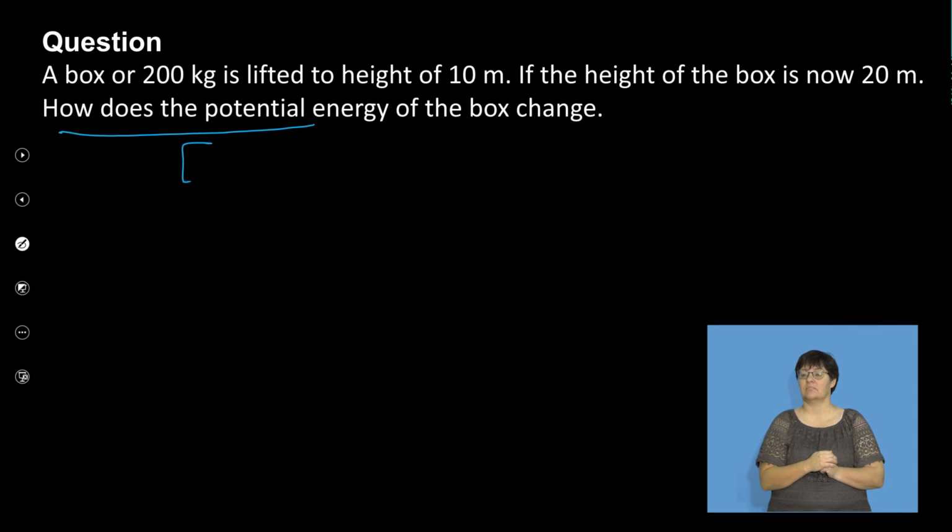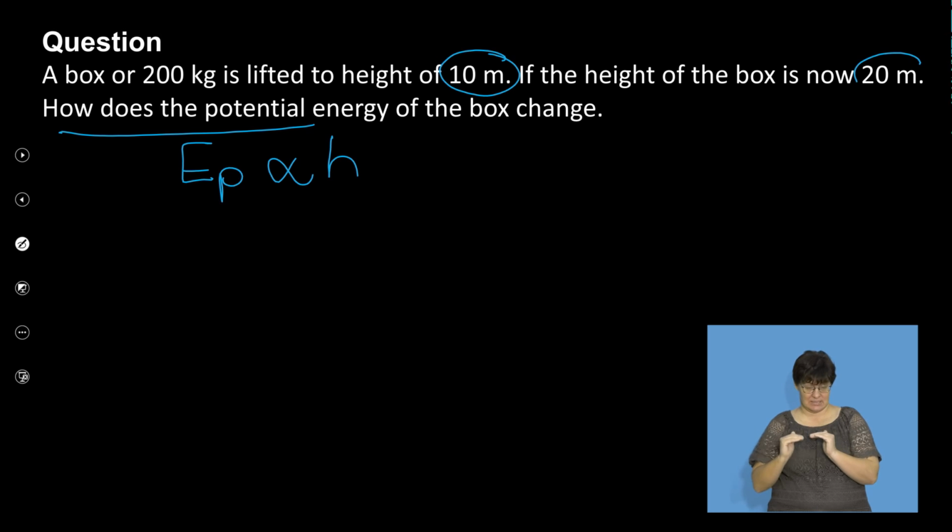What are they asking you to take into consideration? The fact that potential energy is directly proportional to height. It went from 10 meters to 20 meters. 20 is 2 times 10. So my height doubled.